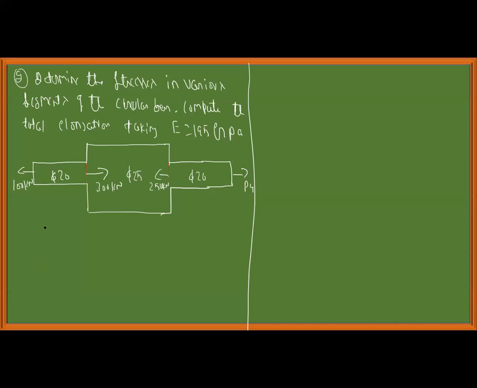Summation of forces in x direction is equal to 0: minus 100 plus 300 minus 250 plus P4 is equal to 0. Tell me what is P4? P4 is equal to minus 350 plus 300, so it is 50 kilonewton. So simple. P4 is equal to 50 kilonewton.